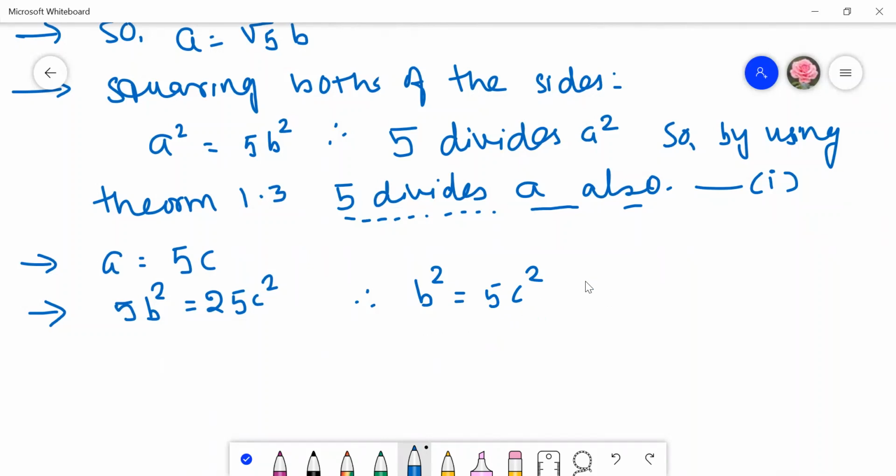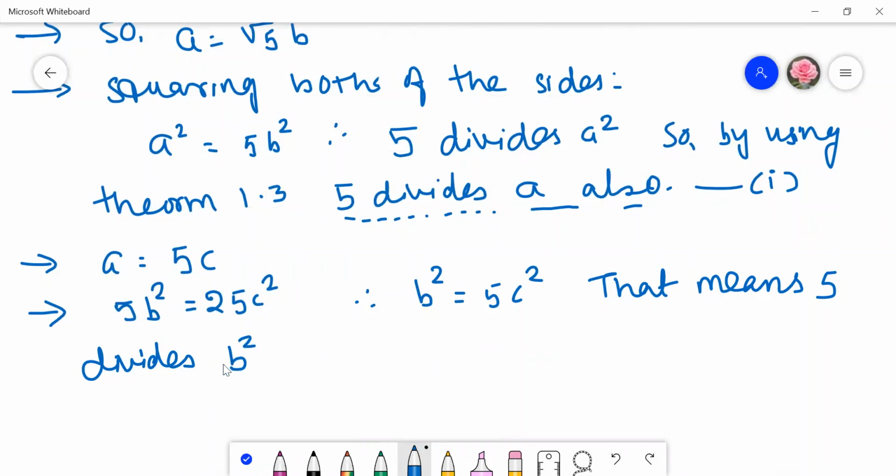That means if we are shifting this 5 here, that means 5 divides b square. 5 divides b square, and as per theorem 1.3, it divides b also, no? So it divides b square and b also.